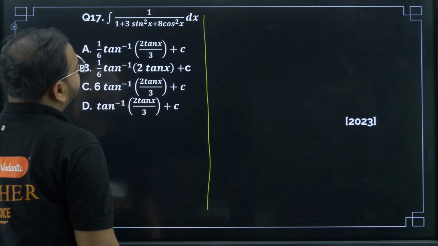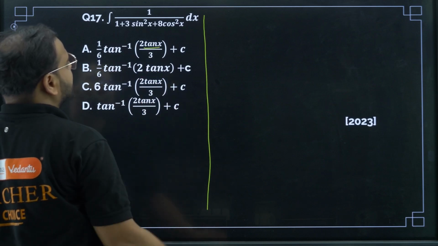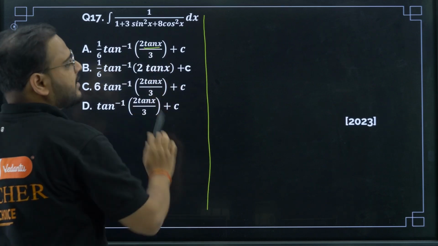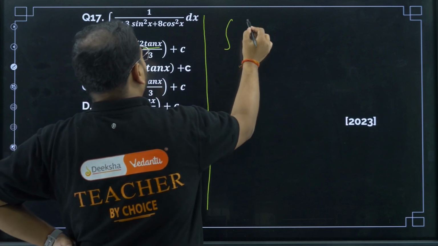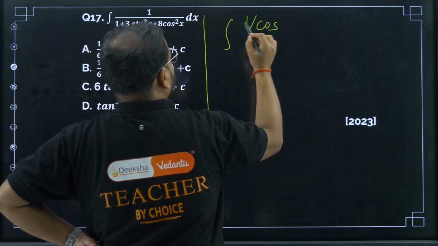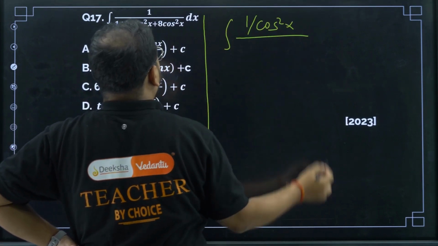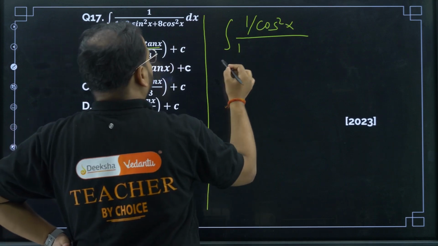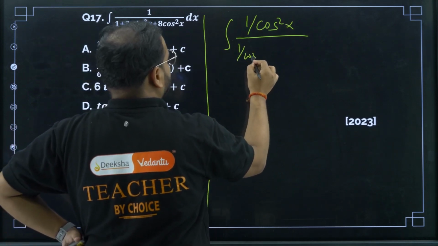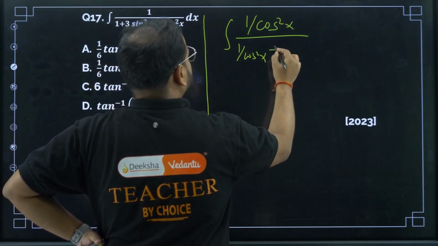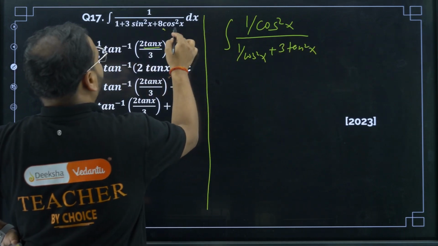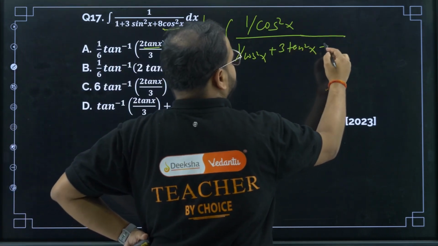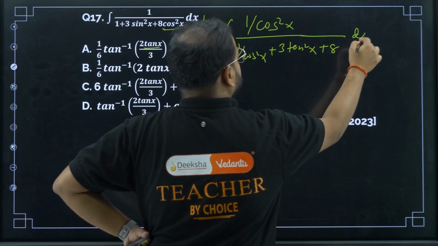So let's do one thing. I want tan, and I don't have tan right now. You can get tan by dividing with cos. So divide everything by cos. So you get 1 by cos square x, and again 1 by cos square over here also, plus 3 tan square, plus 8 dx.